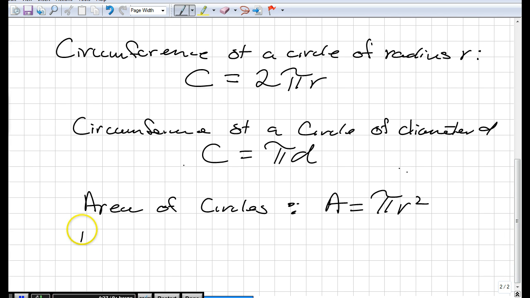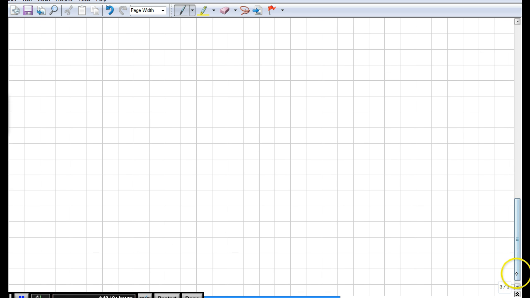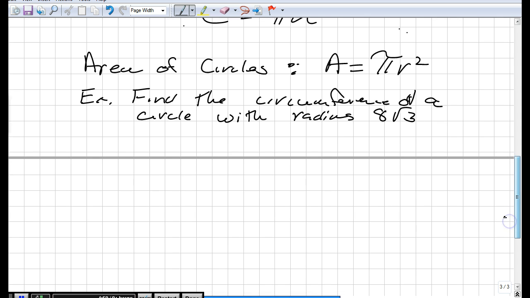So examples. Find the circumference of a circle with radius 8 square root 3. Okay, so the formula is circumference equals 2 pi r.